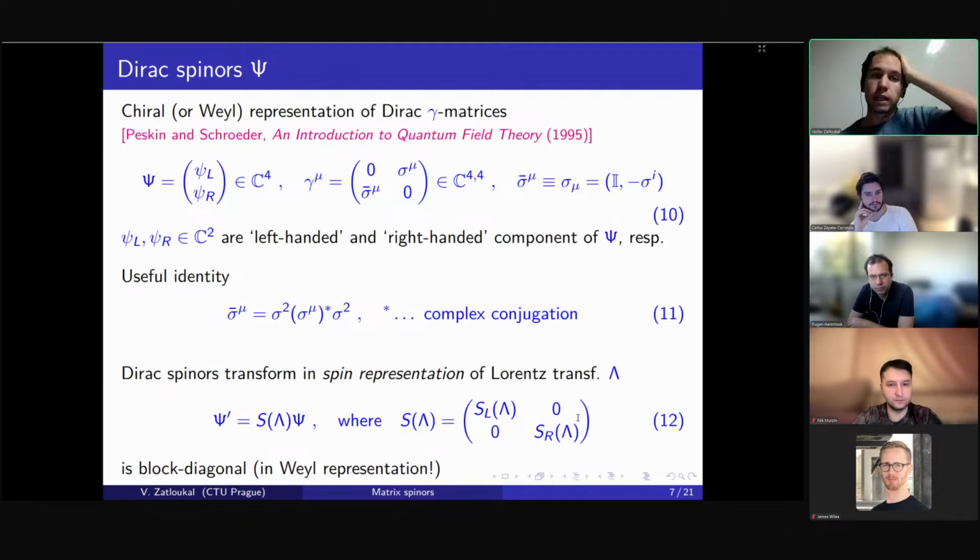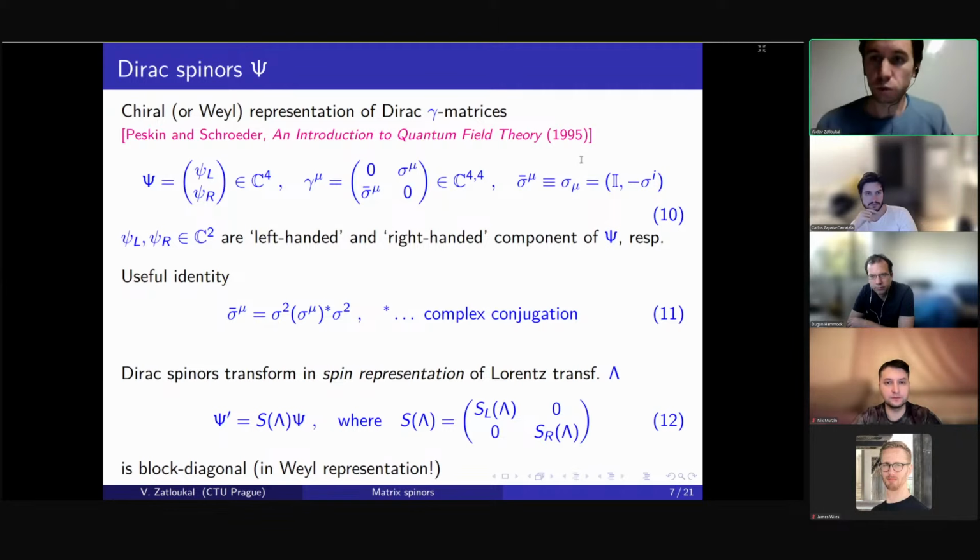And the gamma matrices have this off-diagonal form, which is quite nice, as we will see, where one also denotes by sigma bar the Pauli matrices with the opposite sign, and the identity matrix is the same as for sigma mu.